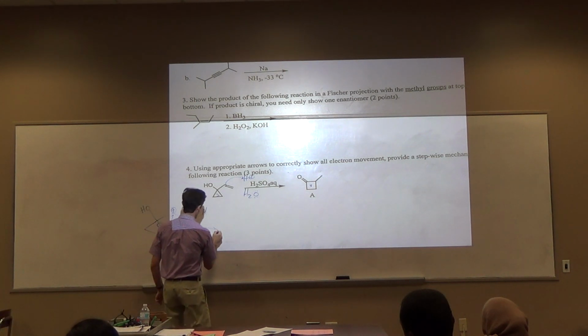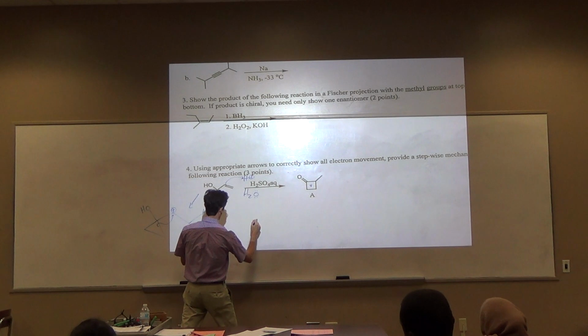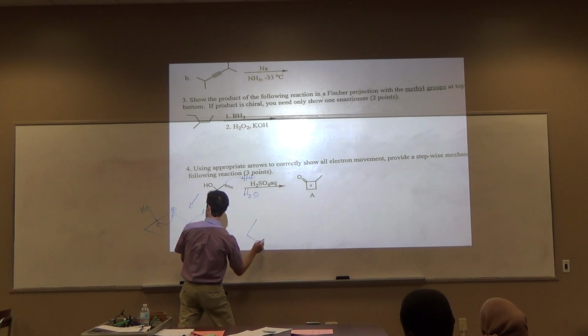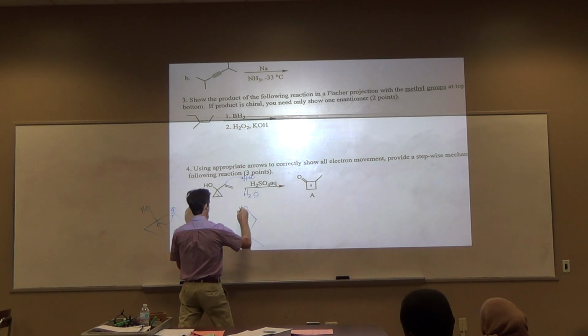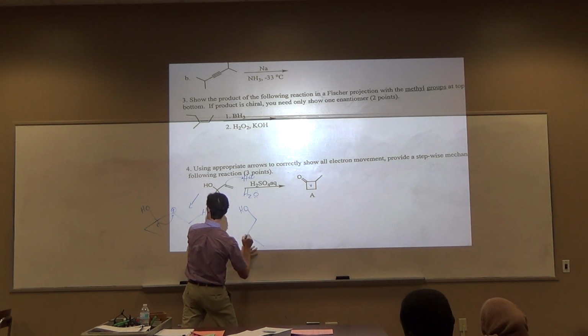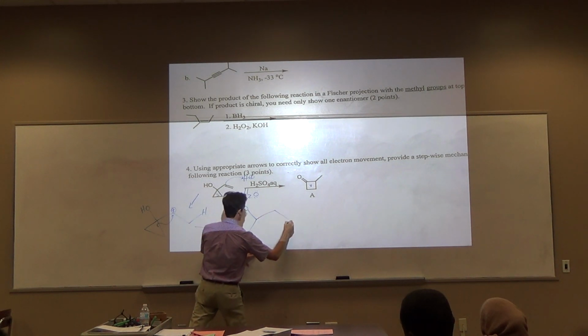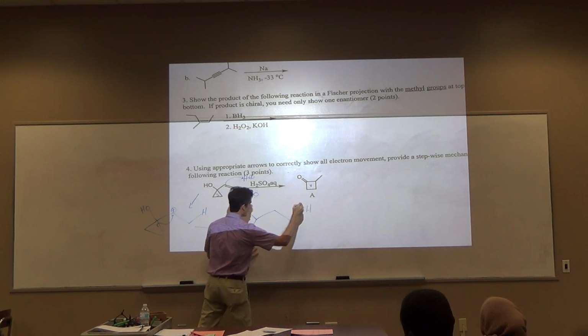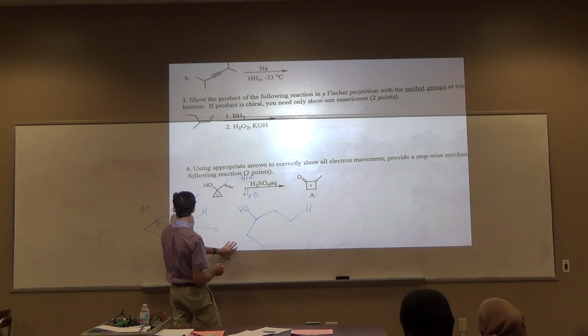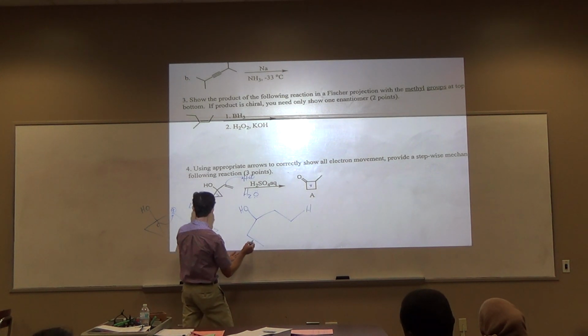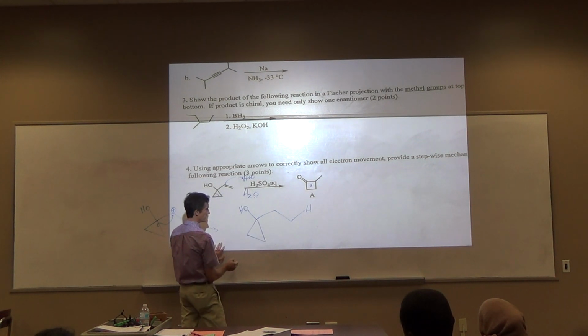I'm going to draw the same thing, the same sort of bond angles here. Boom, boom. That went boom, boom. I'll keep drawing in the new H if you want. Instead of this being here, it's no longer there.